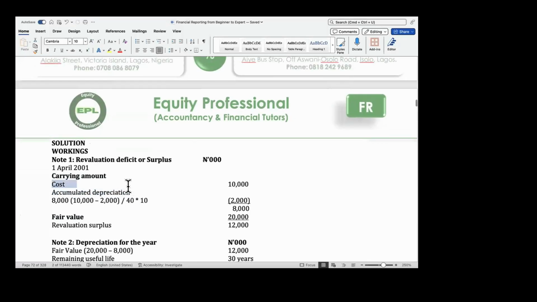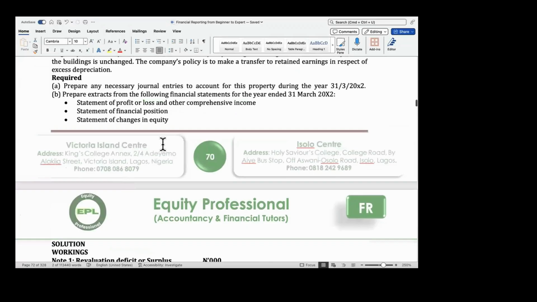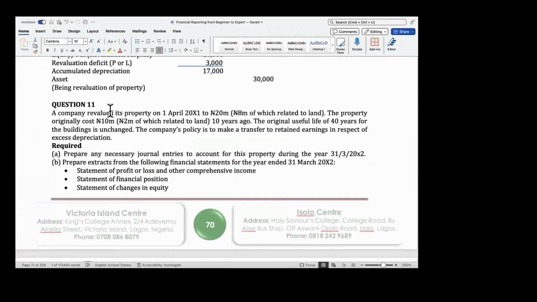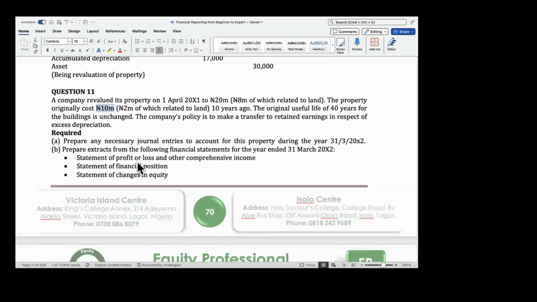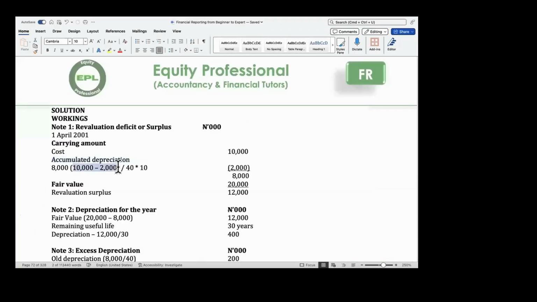The cost of the asset from the question is 10 million. The accumulated depreciation is going to be 10 minus 2, which is 8. This 2 is the cost of the land. We need to exclude it because we don't depreciate land. So we are left with 8 divided by 40 years, because that's the useful life of the asset, multiplied by 10 years, because we bought the asset 10 years ago.